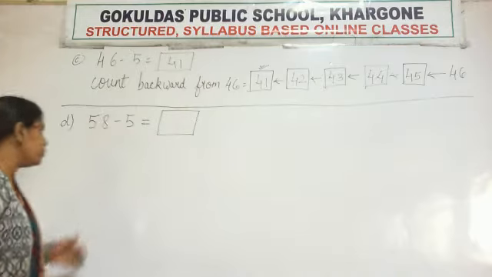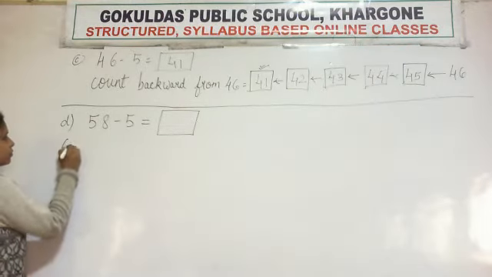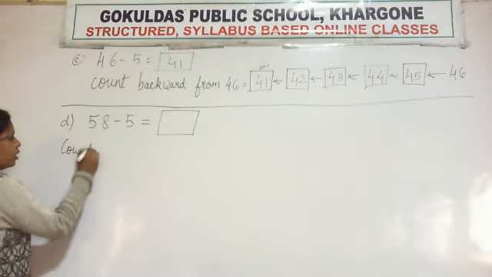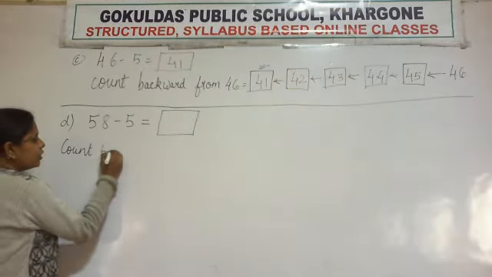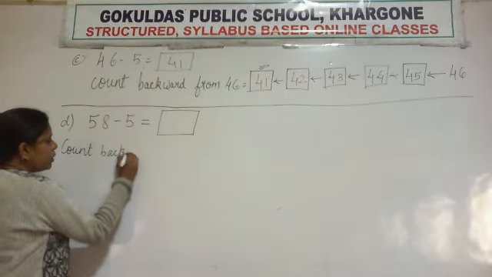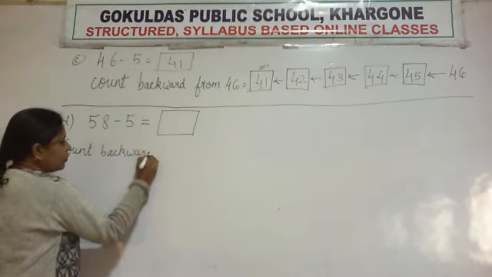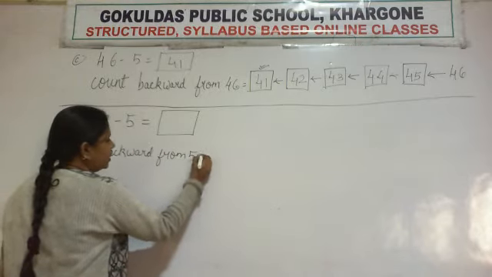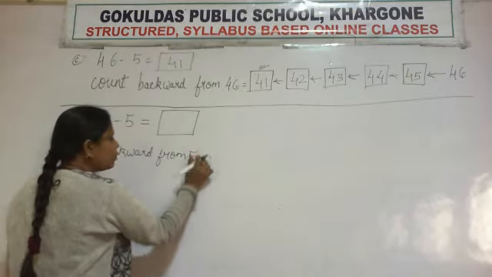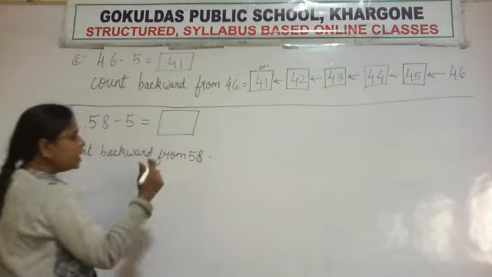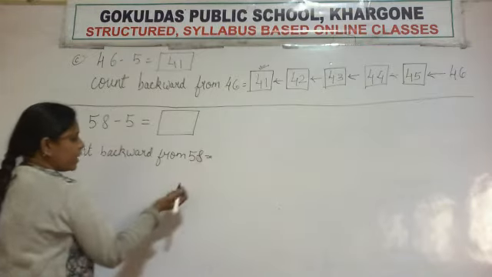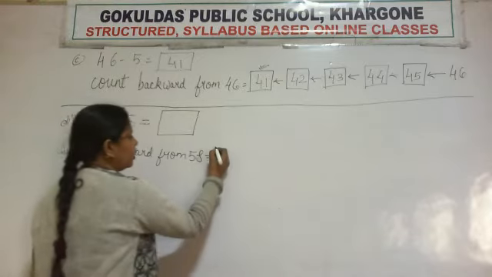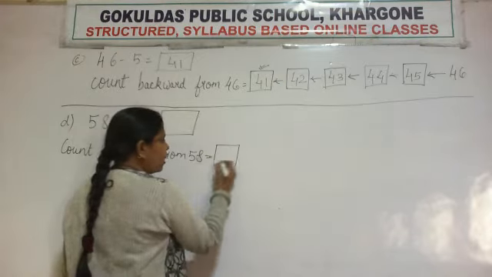So write, count backward from 58. So how many numbers do you have to count backward from 58? 5 numbers. So make 5 boxes. 1.